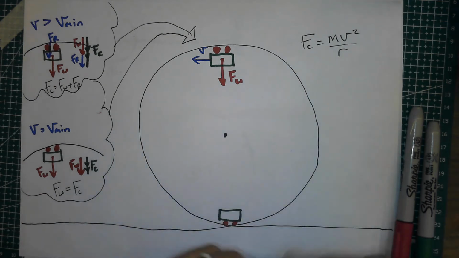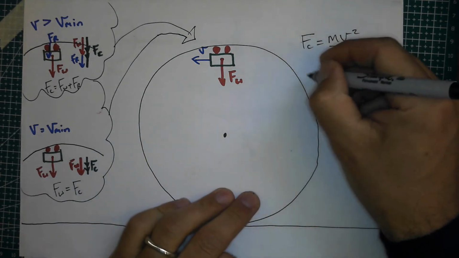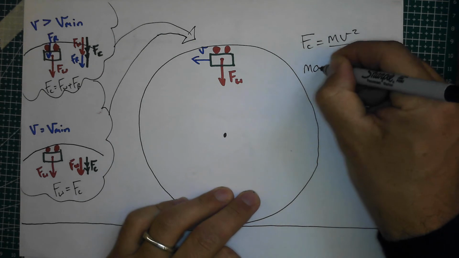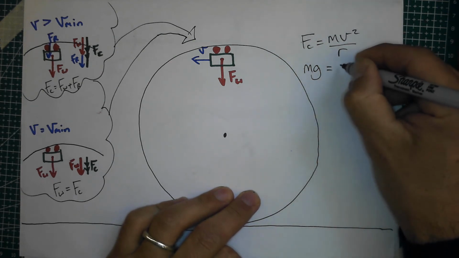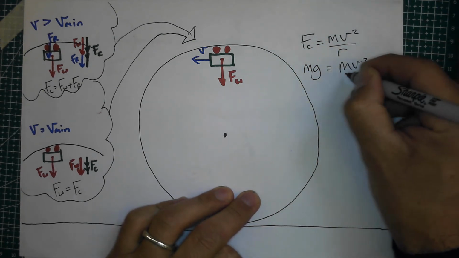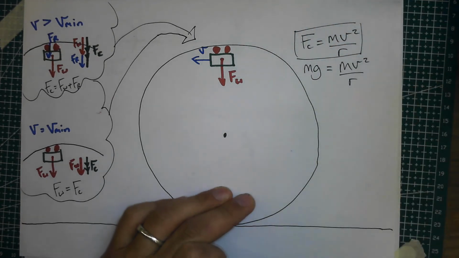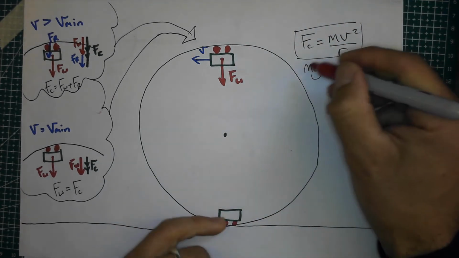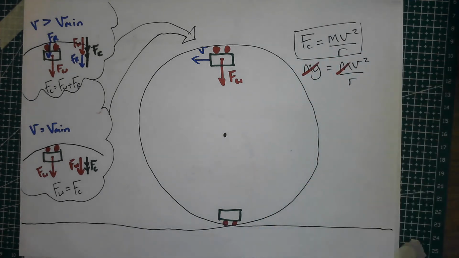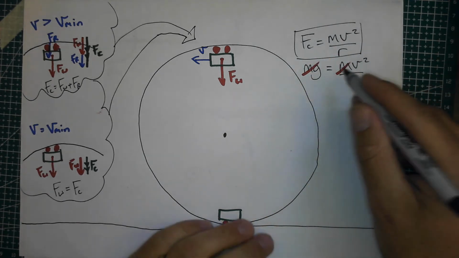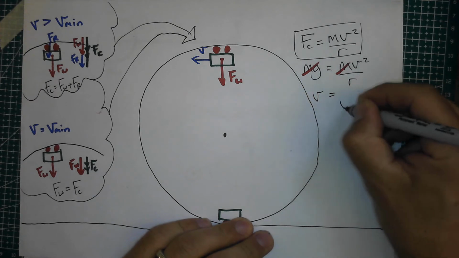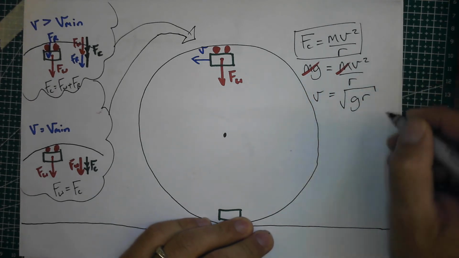So over here, we can just replace Fc with mg. Then we equate the two. Remember, this equation here is given to you. Then we can simplify this down here, and then we can rearrange to make v the subject, and we get the square root of gr.